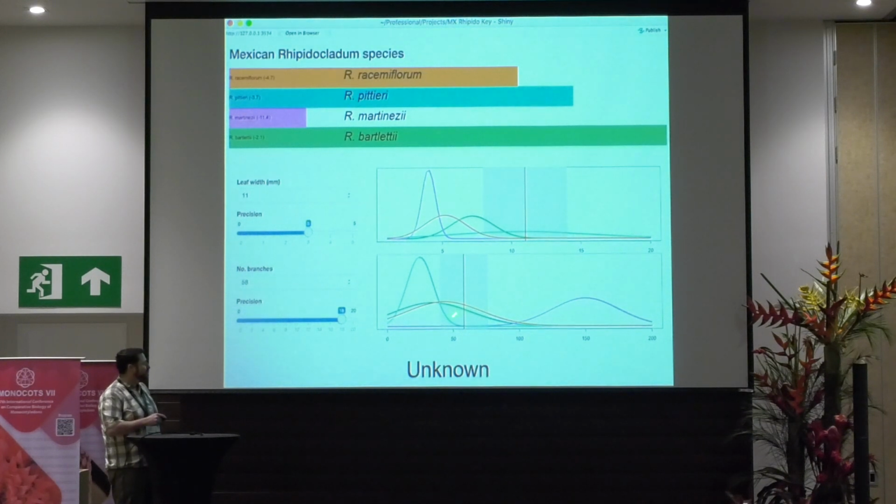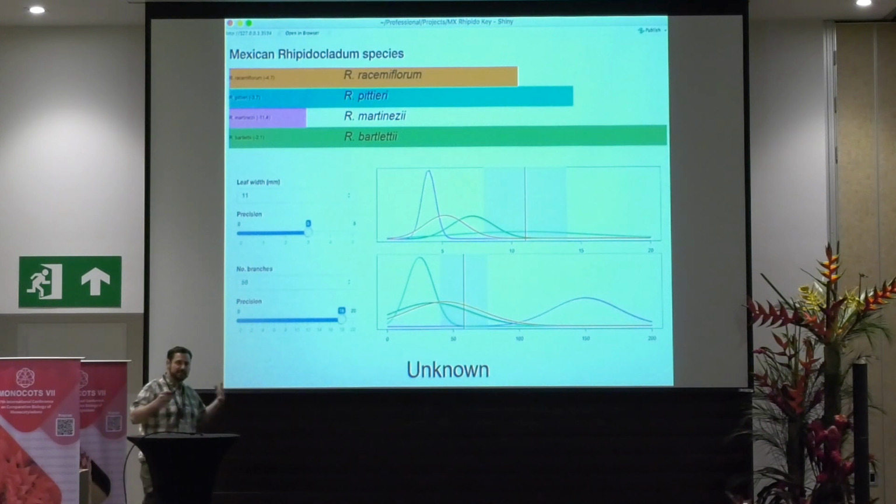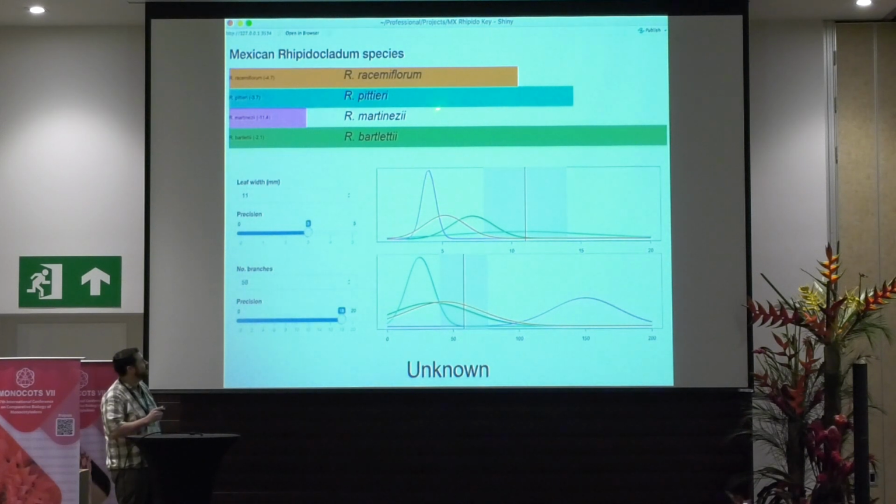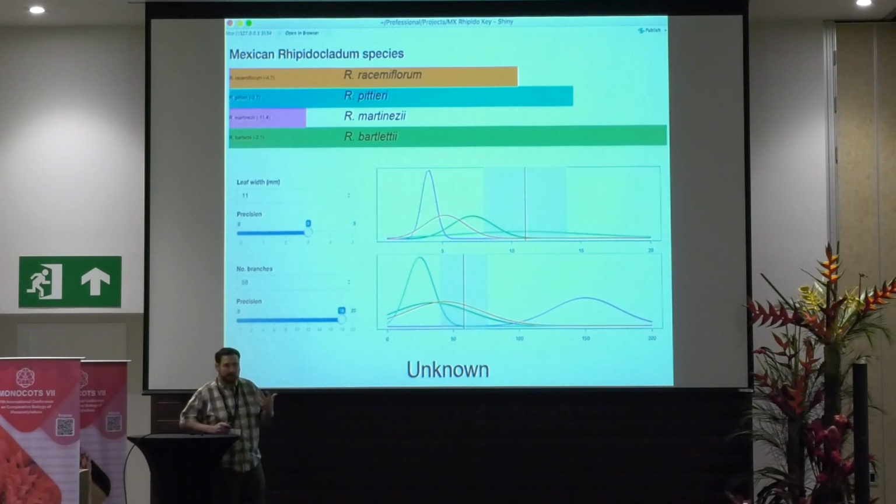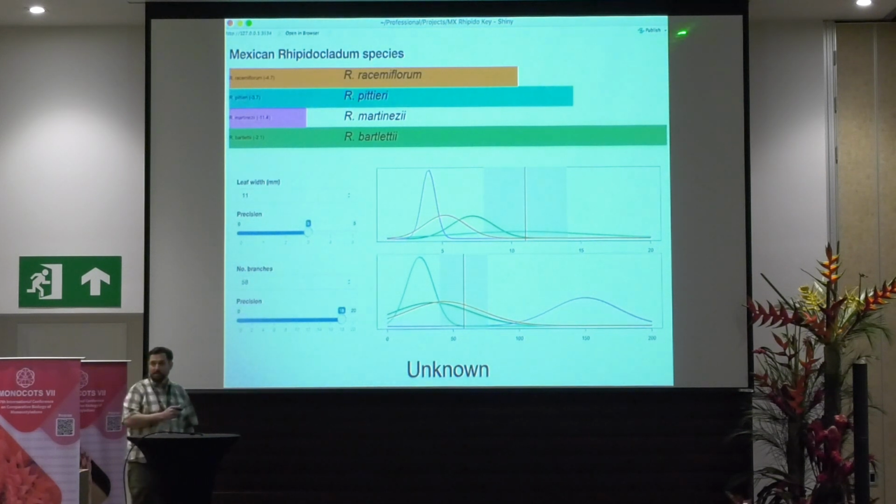Whereas the number of branches is more similar to Racemiflorum or Bartlettii. And so when we run that iterative process, on balance, Bartlettii wins out over Pityeri and Racemiflorum, but Pityeri is a close second. And so this annotation might look something like most likely Bartlettii, but possibly Pityeri, something like that.